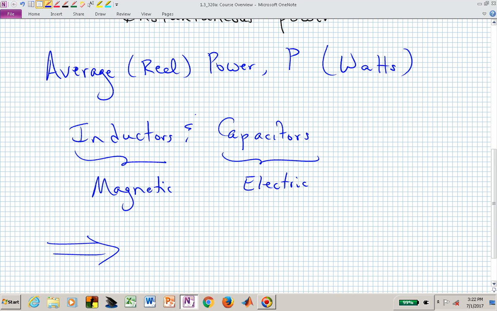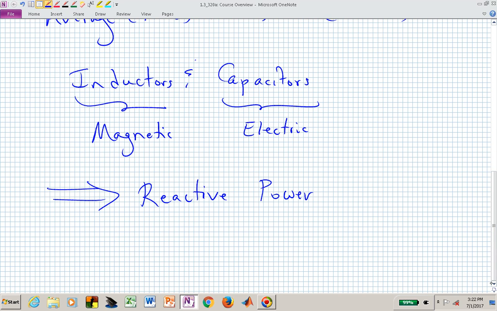The power that is being used by these inductors and capacitors is really orthogonal to the average real power, and because of that, we actually give it a new name and keep track of it separate from the real power.